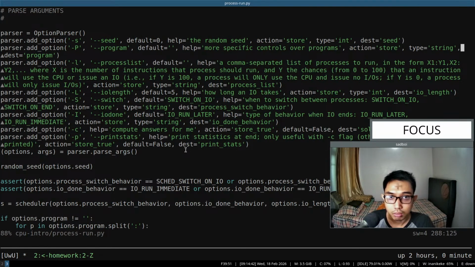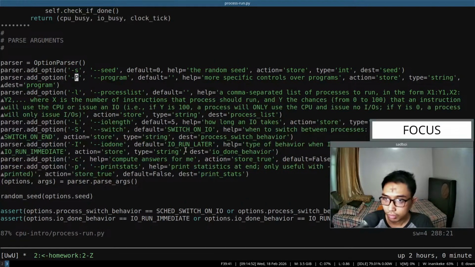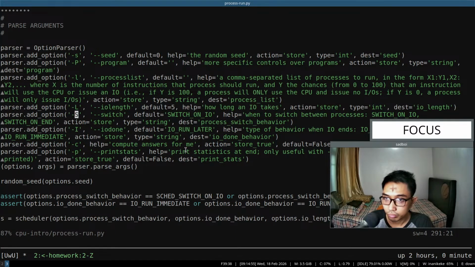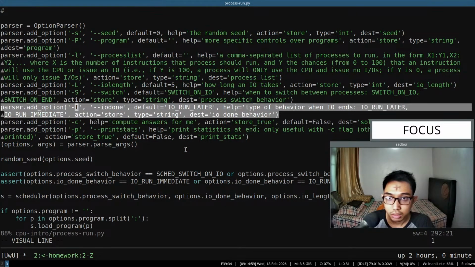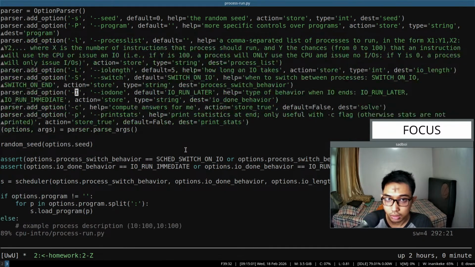Is the control we can add with this flag, the -P flag. And then this is the input output done.